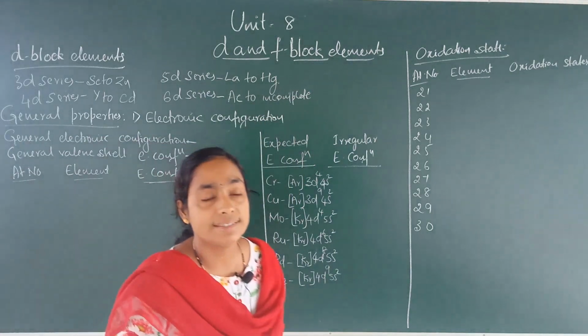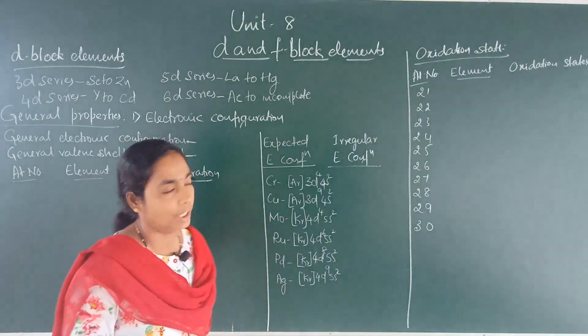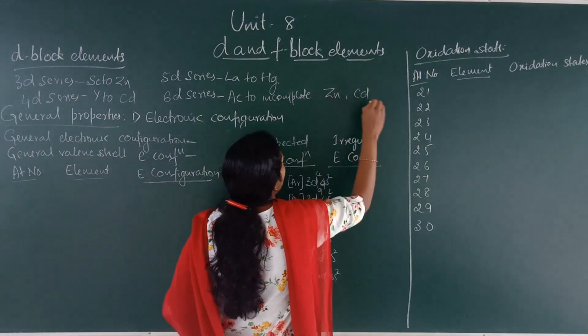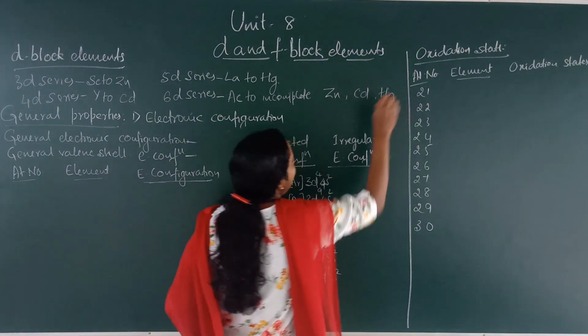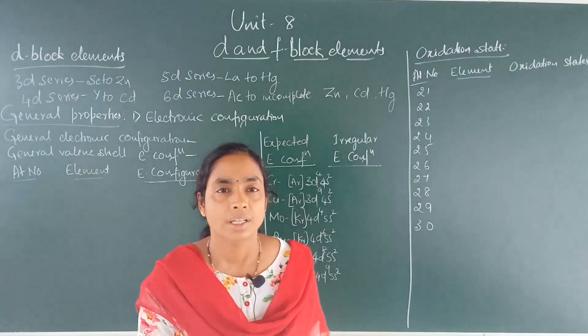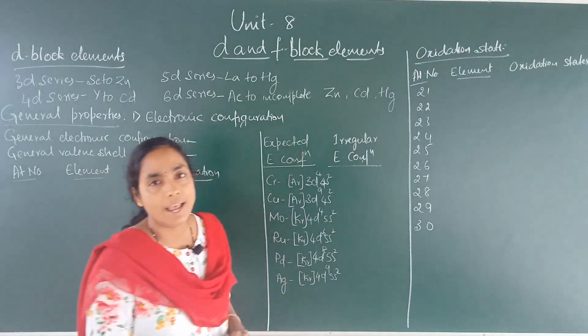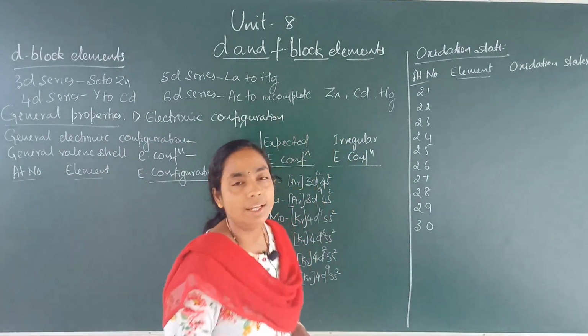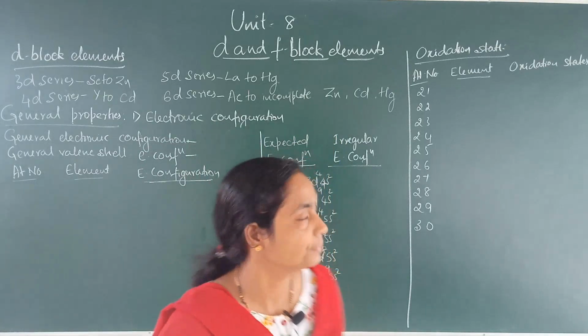Zinc, cadmium and mercury are the end members of the series. These elements are not considered as D block elements because they have completely filled d orbitals.